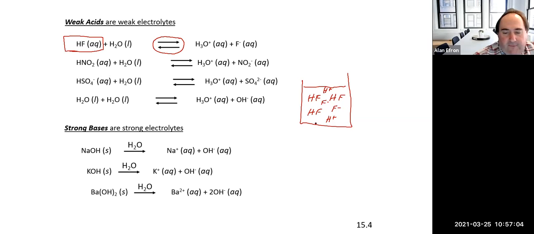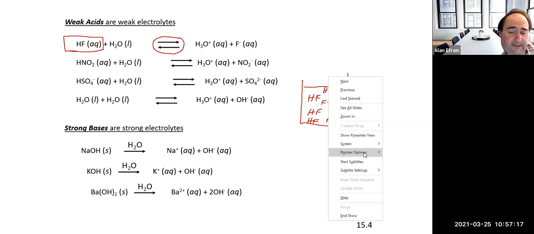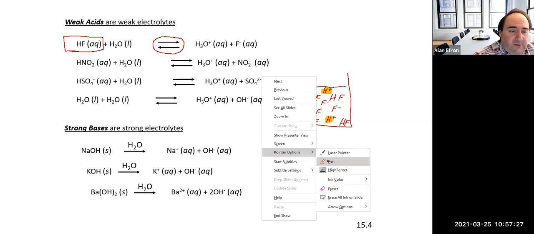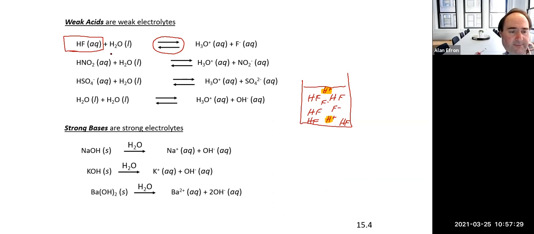But the main thing there is these HF units are still there. Since it's able to still produce some ions in solution, it's still an electrolyte. It's still an acid because it can produce some free H plus in solution as well. But it's a much weaker acid than, say, hydrochloric acid, which 100% breaks apart. Because this mainly stays together, it doesn't produce as much free H plus or H3O plus, making it a weaker acid than hydrochloric acid.